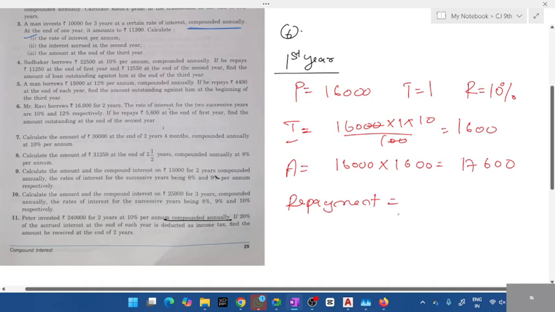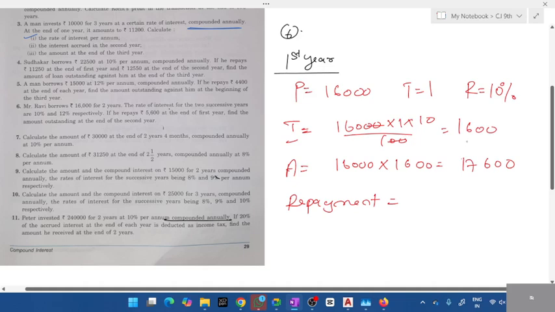See, don't blindly keep doing it. Yeah, tell me. Principal is 16,000, right? Calculate. Unmute the call. 16,000 into 10 into 100.